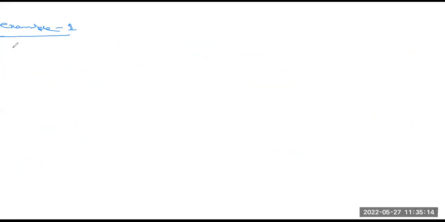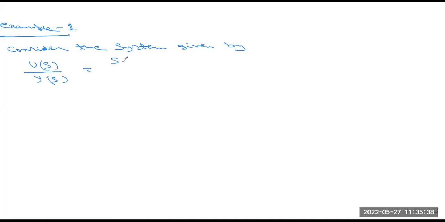Consider the system given by Y(s) by U(s) is equal to (s plus 3) by (s square plus 3s plus 2).